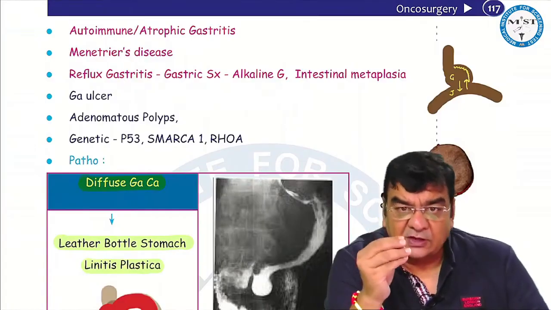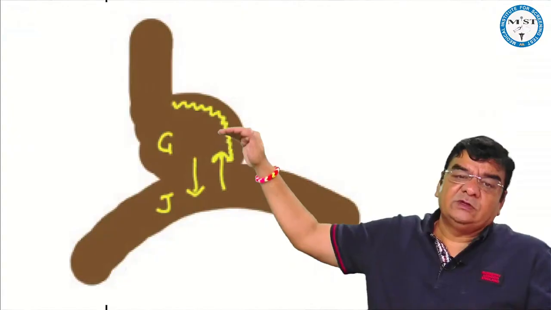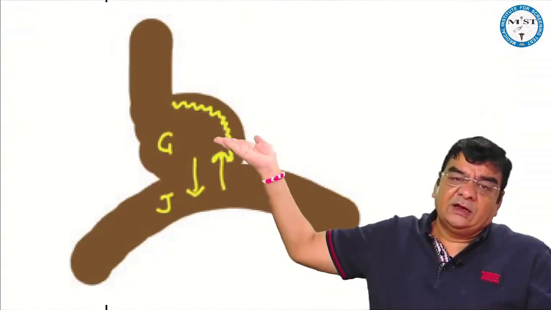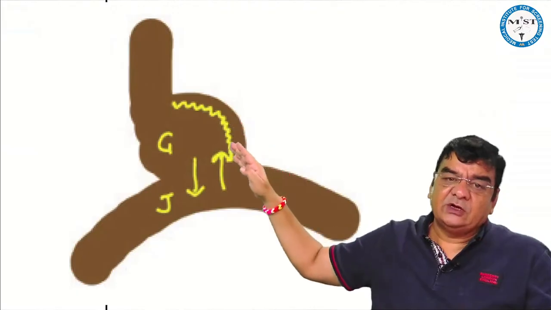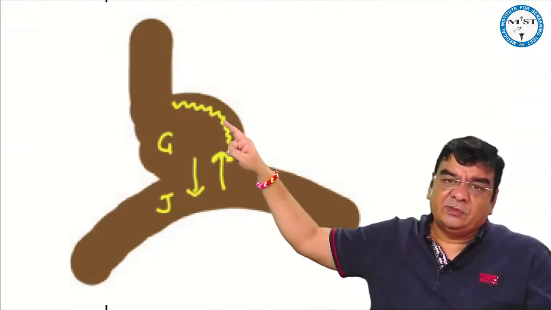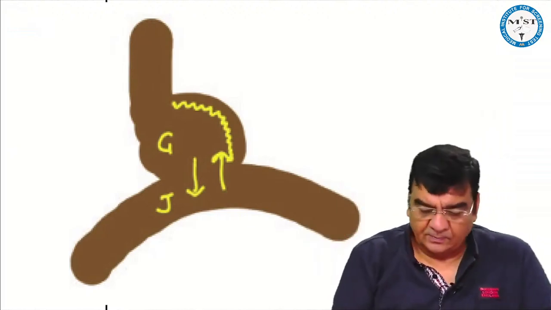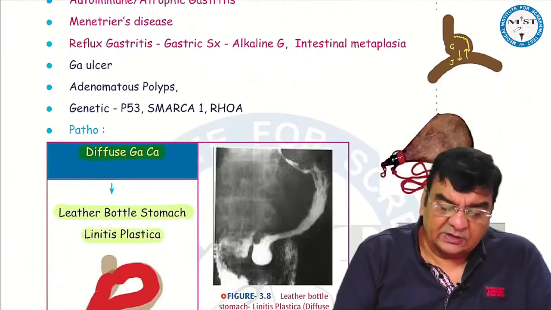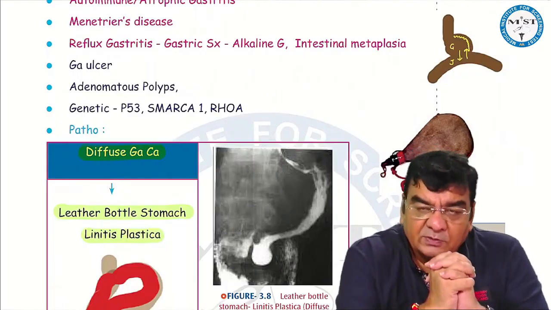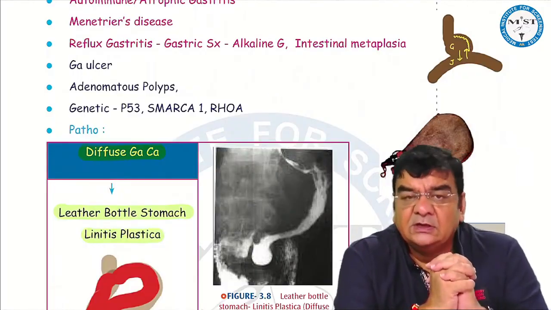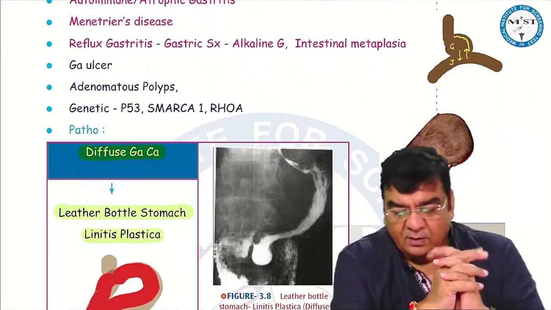Then reflux gastritis, whenever we are doing a gastric surgery, and if we are connecting the jejunum with the stomach, then jejunal alkaline contents will reflux into the stomach, and they will cause reflux alkaline gastritis, which can lead to intestinal metaplasia of the stomach, and this can progress to cancer of the stomach. Then gastric ulcer should be considered as malignant unless proven otherwise. Adenomatous polyps in the stomach can lead to stomach cancer, and genetic mutations like P53, SMAD4 and others.